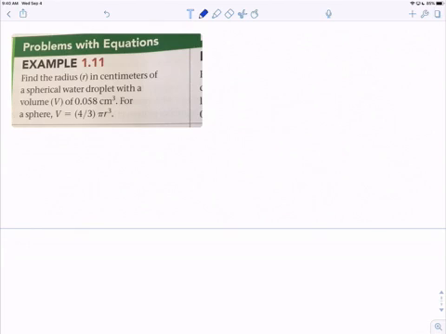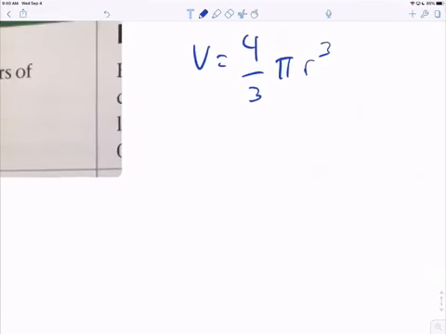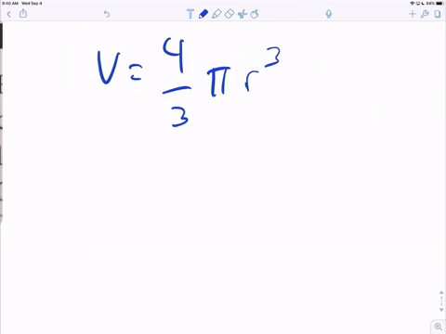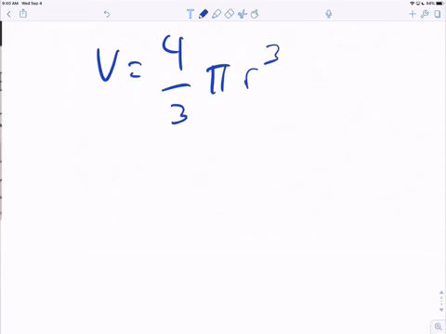This is my own personal preference: I like to do all the algebra first. So volume is equal to 4/3 pi r cubed, and we want the radius. We have an equation and one known, and we have to solve the equation. The slow way to do this, and if you need to do it this way, please by all means do it, is to divide both sides by volume.